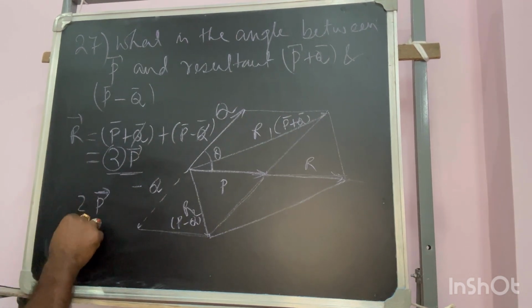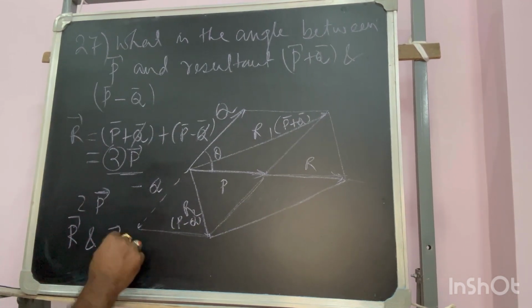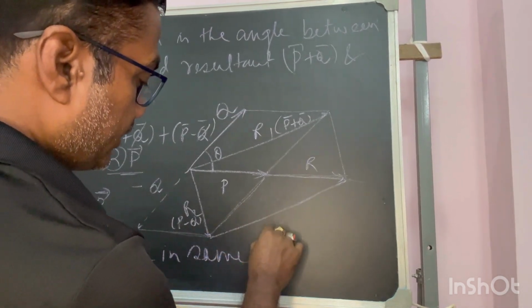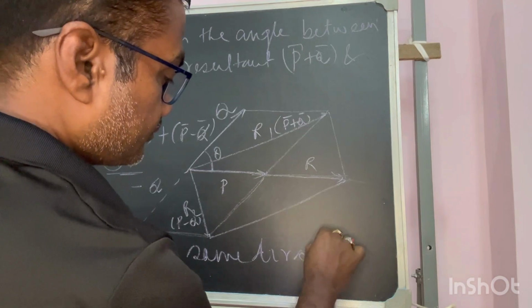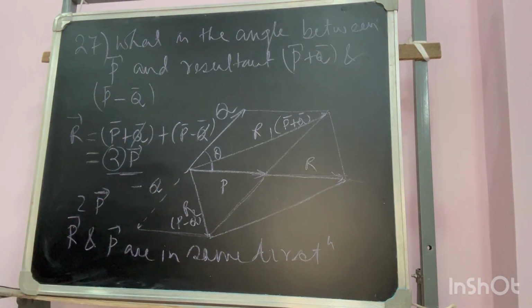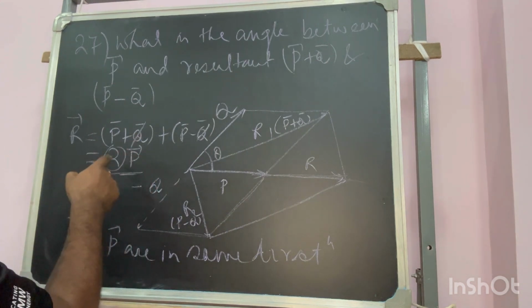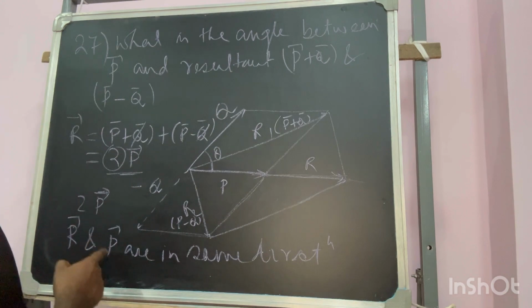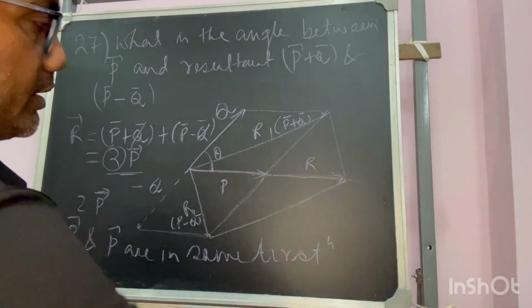So R and P are in the same direction, because no component of Q is coming, only P. If it is only multiplied by a scalar, then P and 2P will be in the same direction.